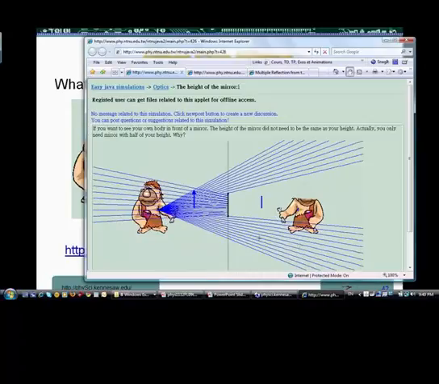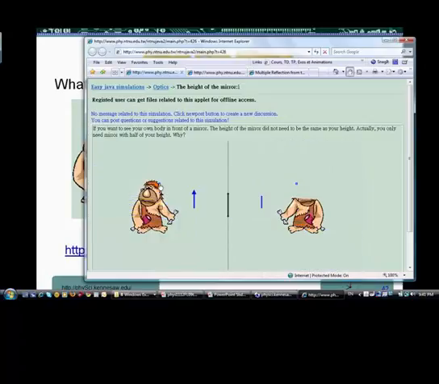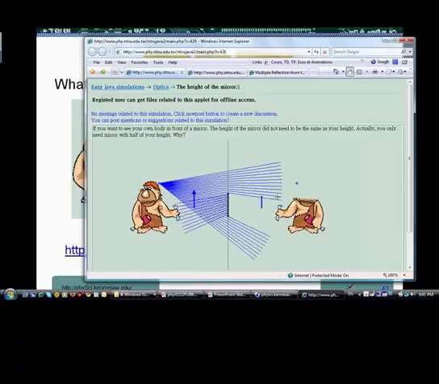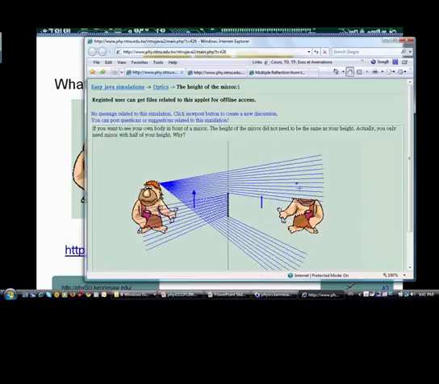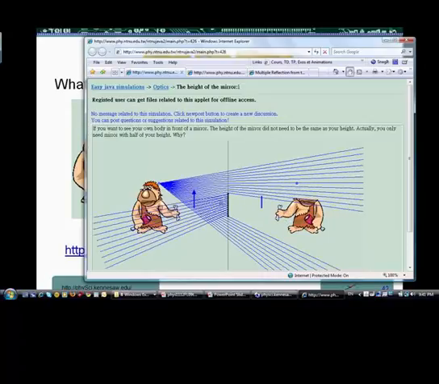Now, as you notice, what we can see here are only the parts that this person sees. If I put something here, for example, the light reflected off the mirror that looks like coming from that location is not going to go into this eye, so we don't see it.